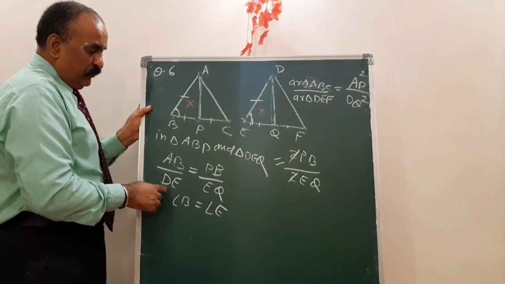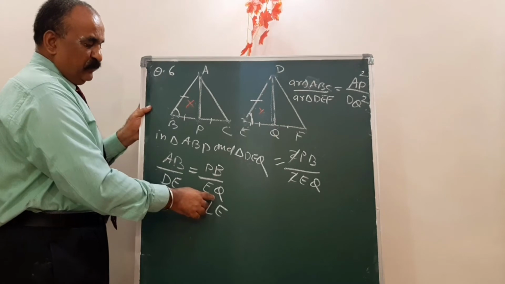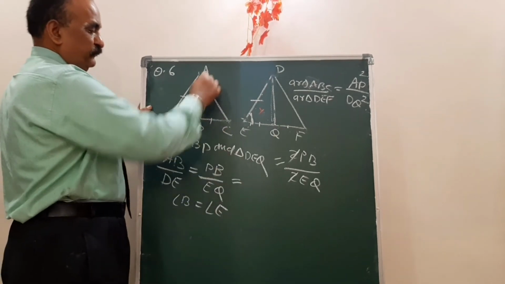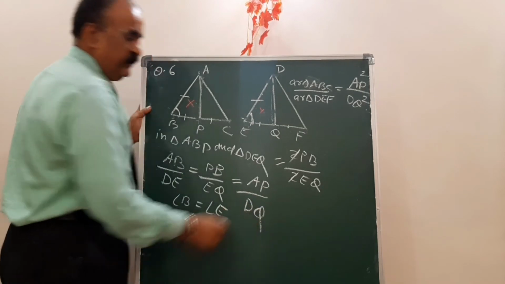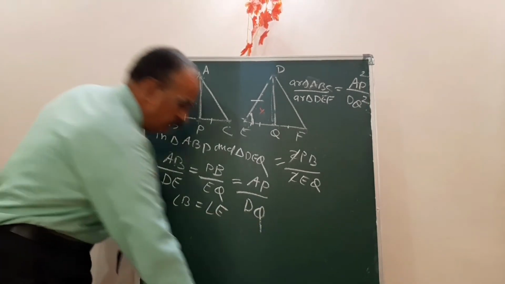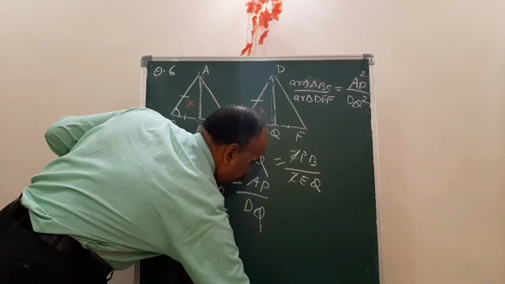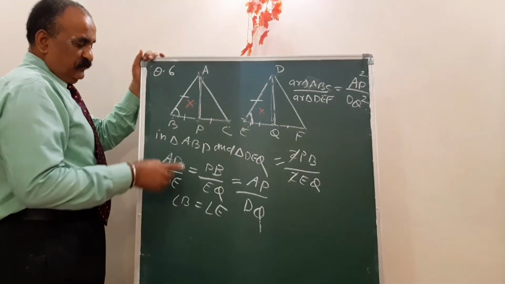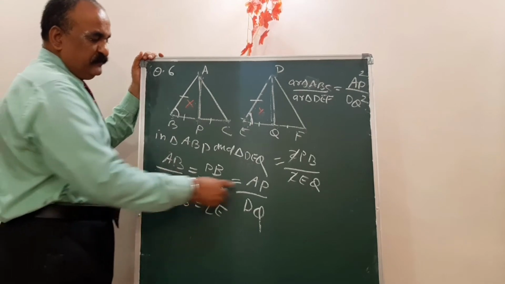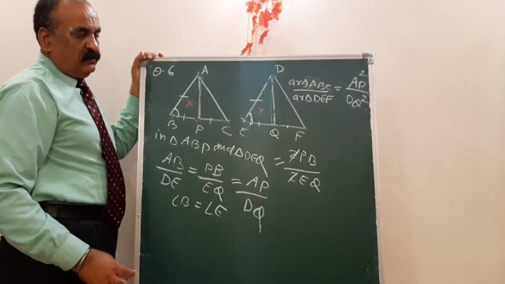It means AB upon DE is equal to PB upon EQ is equal to AP upon DQ. It means you can write AB upon DE is equal to AP upon DQ.